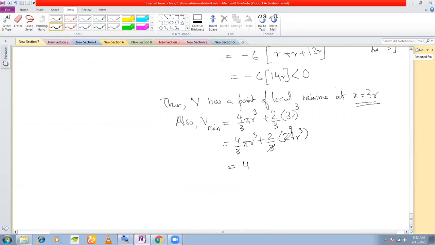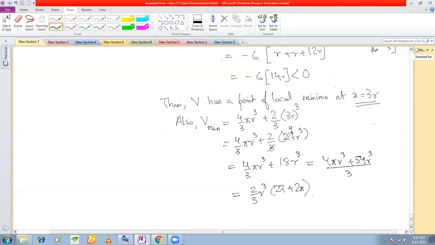So you get 4/3 pi r cube plus 18 r cube only, right? Yes, 18 r cube. Fine. So which is equal to, take the LCM now, you will get 4 pi r cube plus 54 r cube divided by 3. That means 2/3 r cube into 27 plus 2 pi. This is the minimum volume.